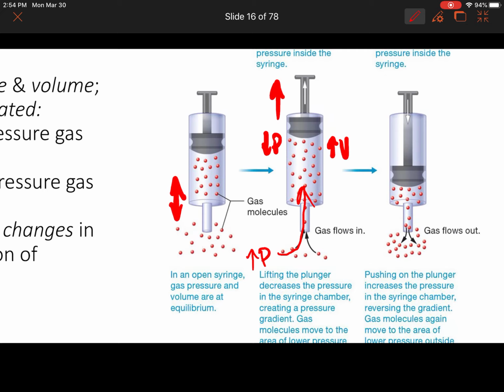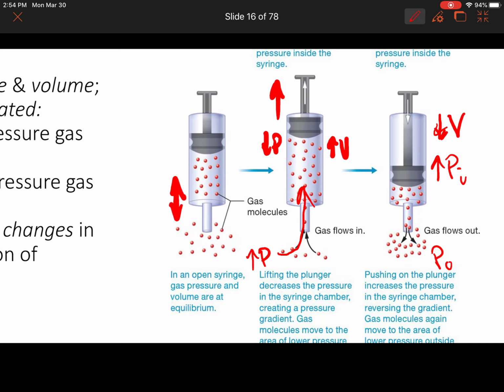So the converse situation is if we push the plunger in, that decreases the overall volume. With a decreasing volume, we have a higher pressure inside of the syringe, and that pressure is going to be greater than the outside pressure.